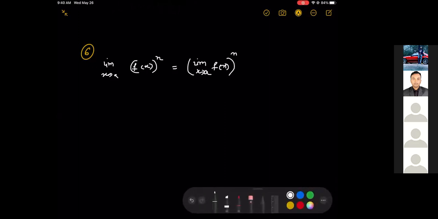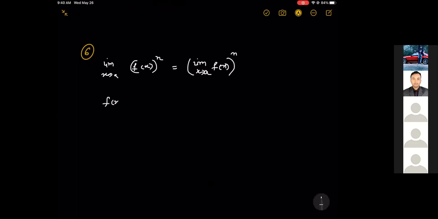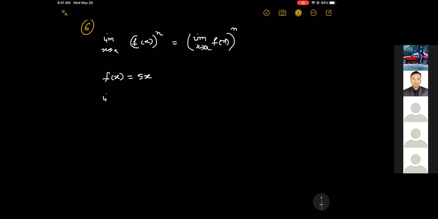Let's try the smallish one. Let's say f of x is 5x, and we're trying to find the limit as x tends to, let's say, half, of 5x squared. Let's see whether it satisfies our law or not.